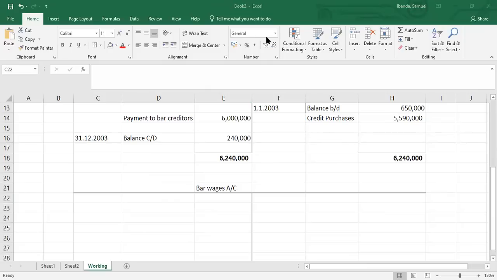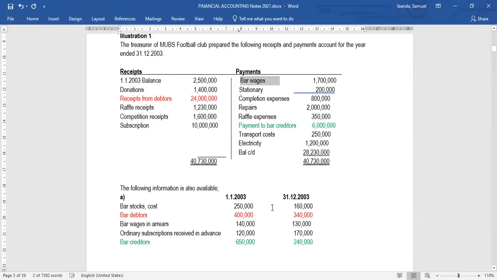Now, remember, wages themselves are expenses, okay? And expenses have a normal debit balance. But in this case, we have what we are regarding as bar wages in arrears. Now, bar wages in arrears are liabilities, okay?